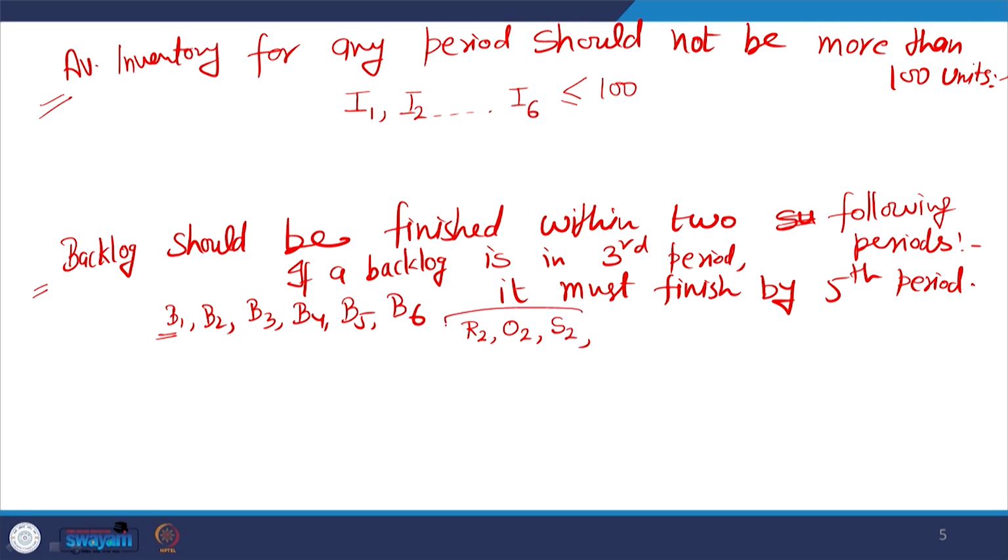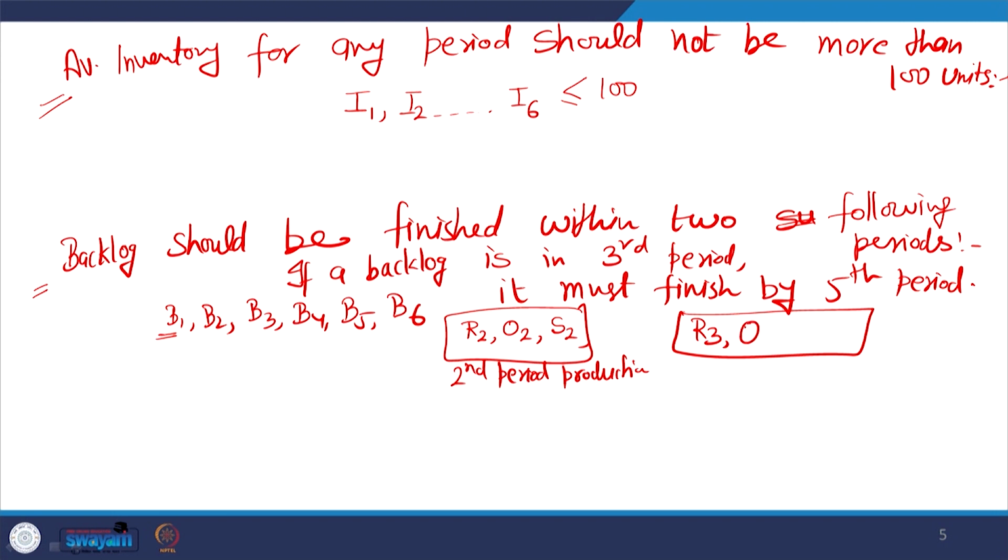And third period production is R3, O3, S3, and during this second and third period production, you also need to fulfill the demand of their own periods, and there may be a new backlog which may come from these periods also, but you have to fulfill the backlog of the previous period in these two periods.